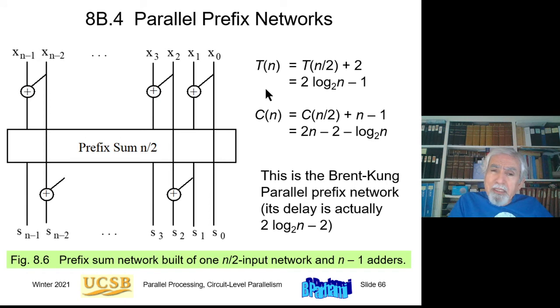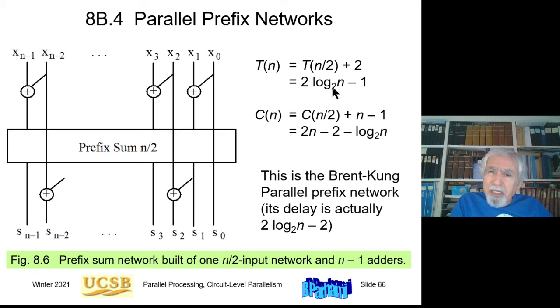Okay, the recurrences characterizing the delay and cost of this network are shown here. T(n), the time delay, is T(n/2), whatever this box takes, which is half the size in terms of the number of inputs, plus 2. The 2 are basically this level of adders, I'm taking each adder to have unit latency, and this level of adders.